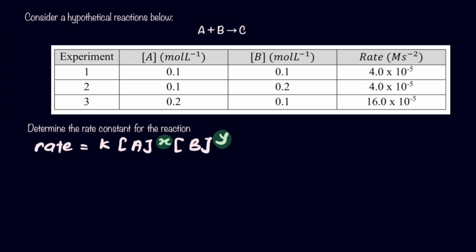In order to find Y, you need to use the experiments where the concentration of A is identical. In this case, experiment 1 and experiment 2. We are just going to plug in the values.